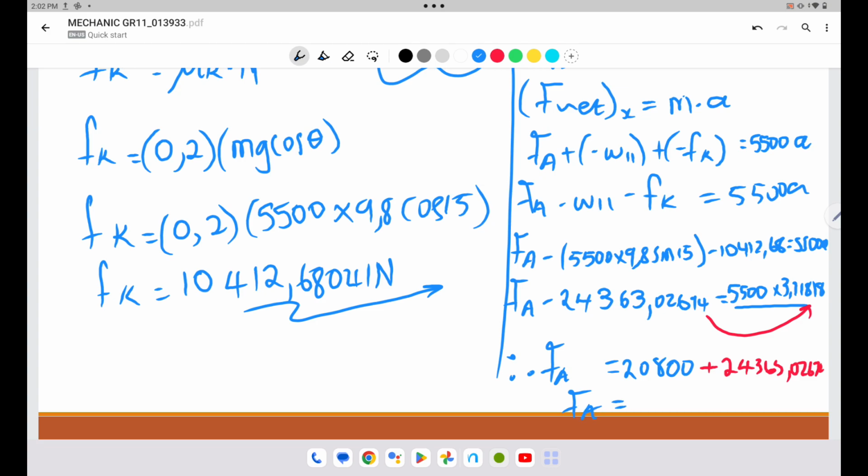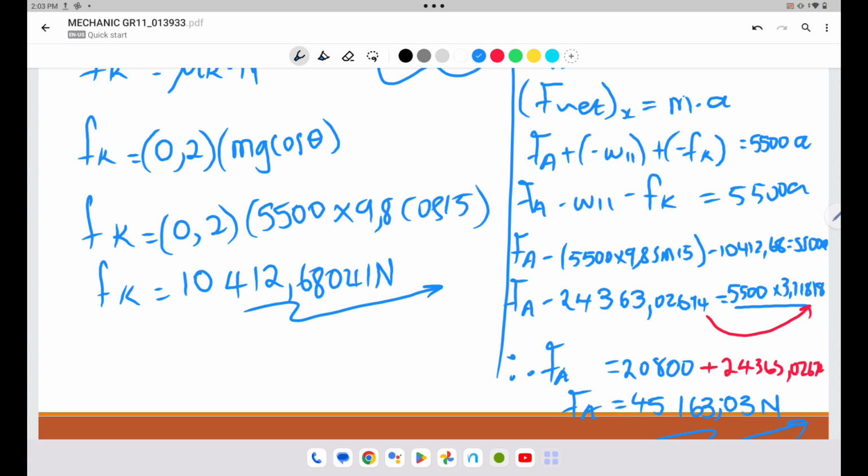So this plus 24,363,02674. Okay, so something like 45,163,03 newtons. That will be our applied force.